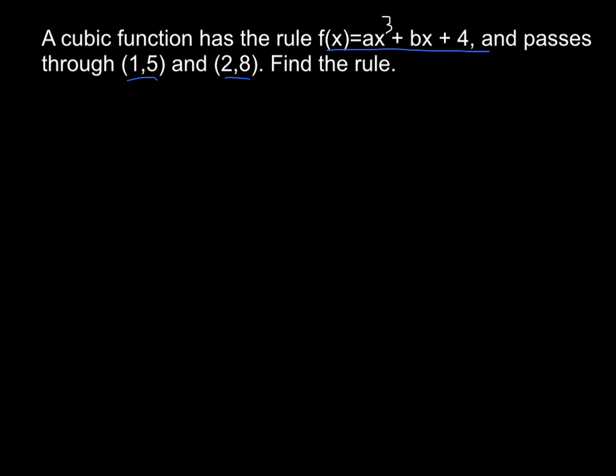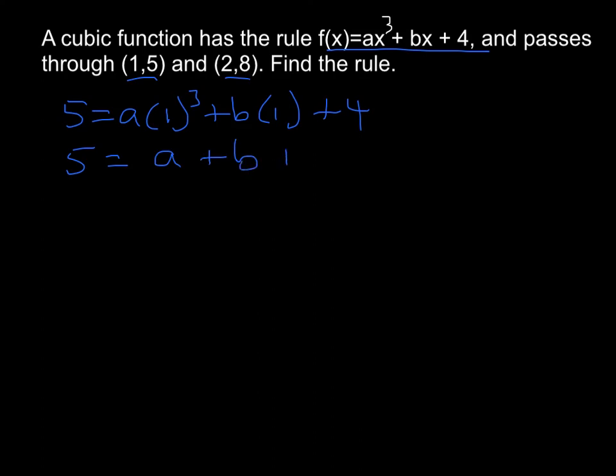So for the first equation, 5 is equal to a by 1 cubed plus b by 1 plus 4. Simplifying this, 5 is equal to a + b + 4. Take 4 from both sides, we end up with 1 is equal to a + b. We'll call that equation 1.